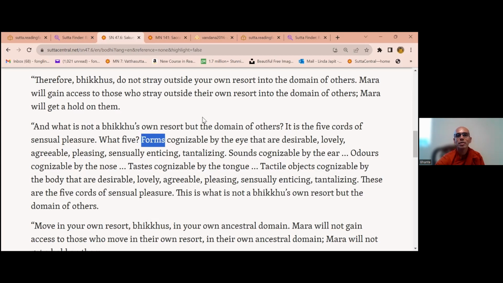Forms cognizable by the eye that are desirable, lovely, agreeable, pleasing, sensually enticing, tantalizing. So, some attractive things outside, not inside.